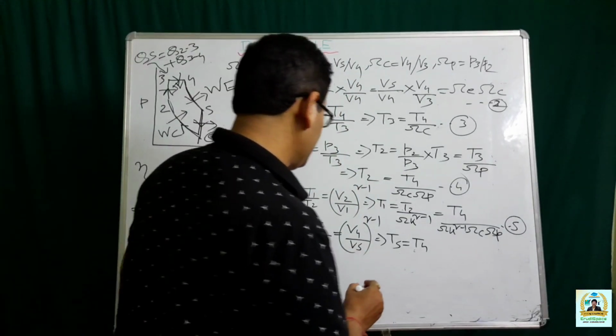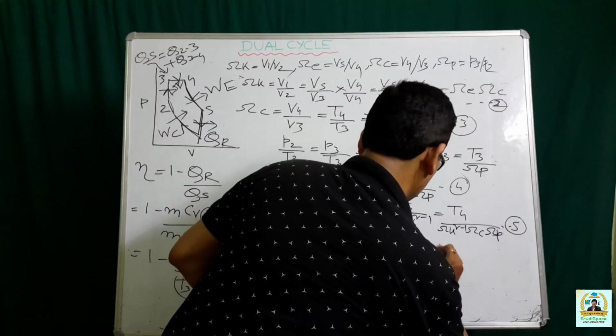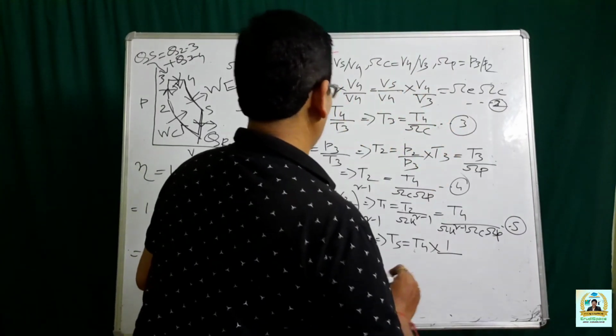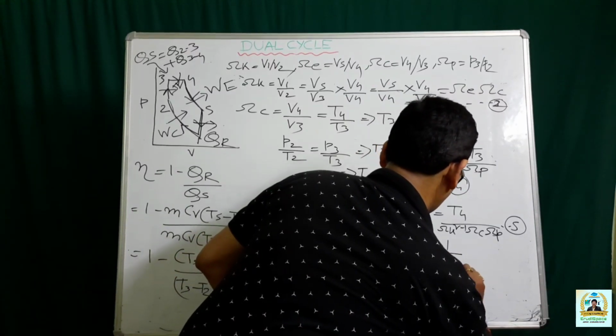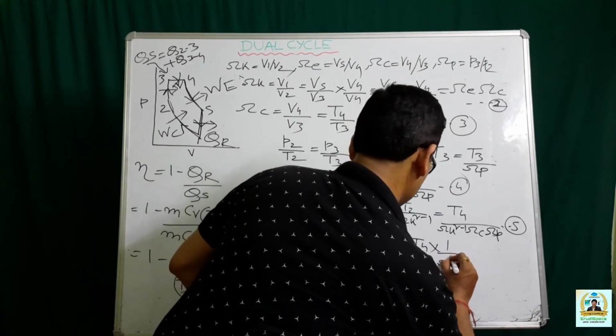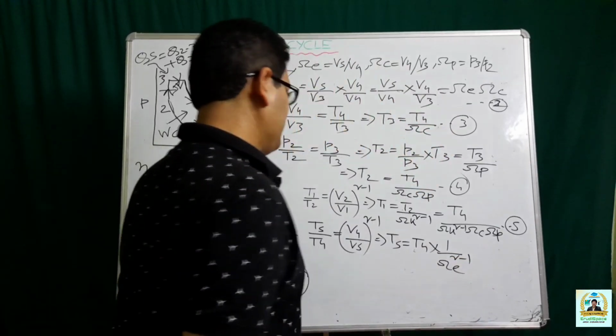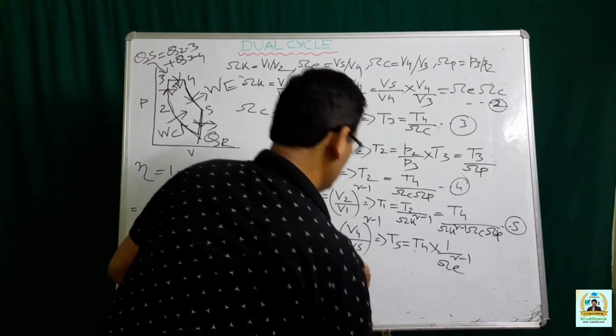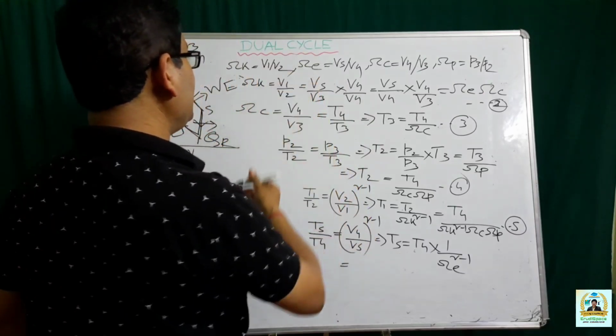So you can represent this as 1 upon RE to the power gamma minus 1. And what is RE?